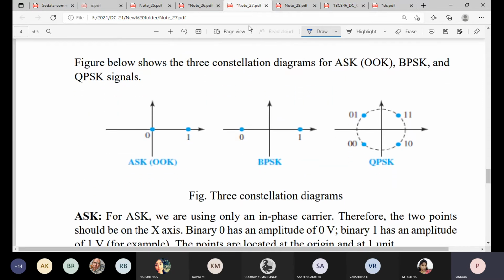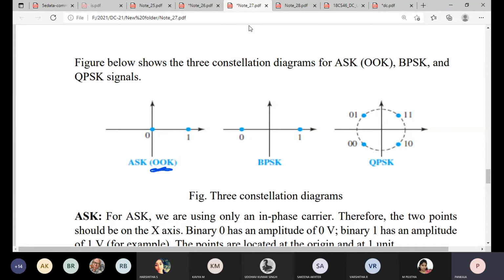Here there are some simple sets of constellation diagrams. You can look into that. What does OOK stand for? Can somebody tell? ASK is also called OOK. Yes, either use the chat box or unmute yourself. What does OOK stand for? In ASK I explained about this.